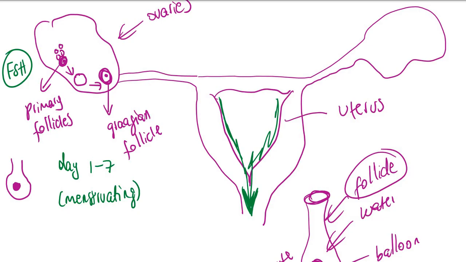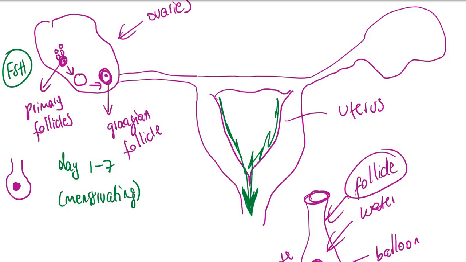Remember what I told you? Before you are born as a girl, while you are growing in your mother's womb, a lot of primary follicles are formed and stored in your ovaries. Each month, we take one primary follicle and mature it.